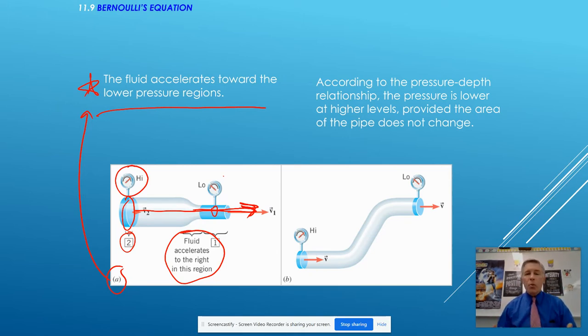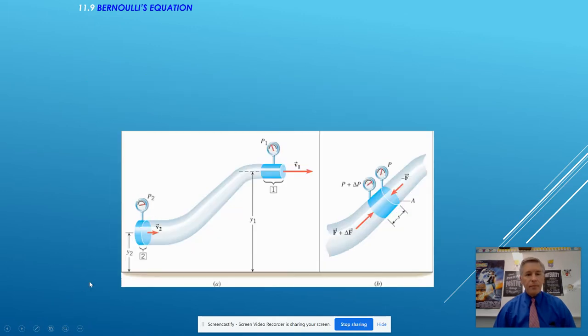The other case to consider is fluid flowing through a pipe where the diameter stays exactly the same and therefore the speed stays the same. The change in height is still going to be important. They don't have to be right above each other like we dealt with in fluid statics. They could be sideways and they could be moving. So we're still going to have the pressure being lower at higher levels, even though we may not have a change in the area of the pipe.